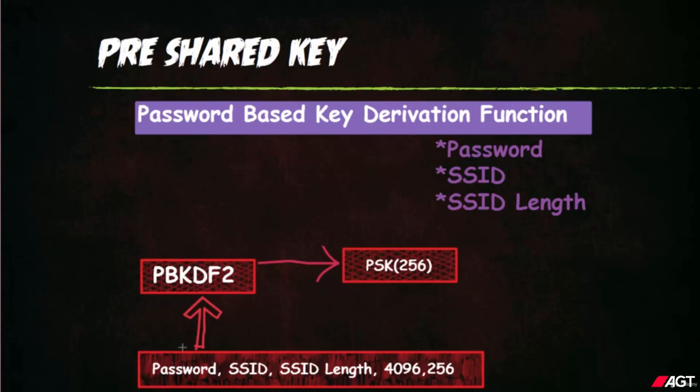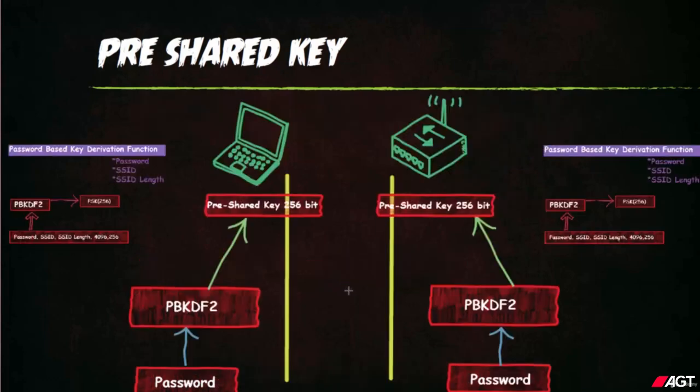So we pass the password, SSID, SSID length, 4096, which is the number of times hashing will be done, and 256, which is the number of bits the pre-shared key is generated with. Over here you can see it in much more detail. Right now nothing has been shared between the access point and the client.